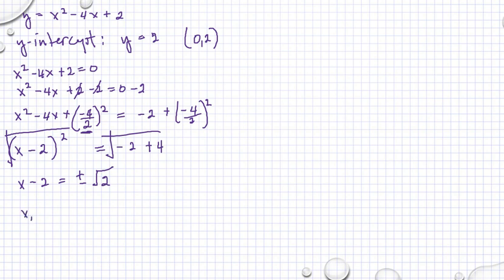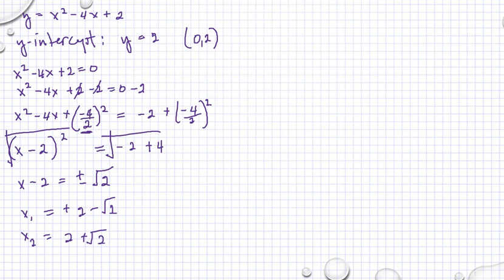Then our roots are, sorry, x sub 1 is 2 minus the square root of 2, and x sub 2 is equal to 2 plus the square root of 2. That's our zeros or roots.